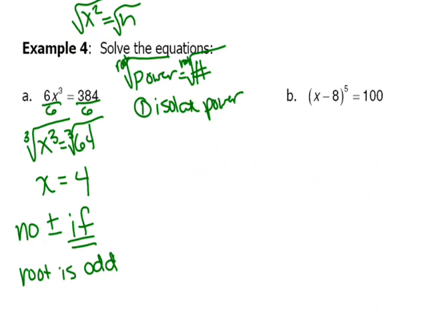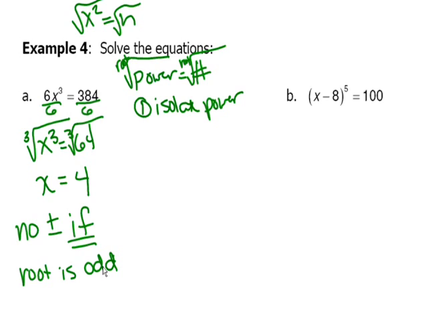So up here, since we have a positive under our radical, then our answer is going to be positive. It's only if I have an even root, like a 4 or a 6 or an 8, then I would need to put the plus or minus, because then both the positive and the negative roots apply.